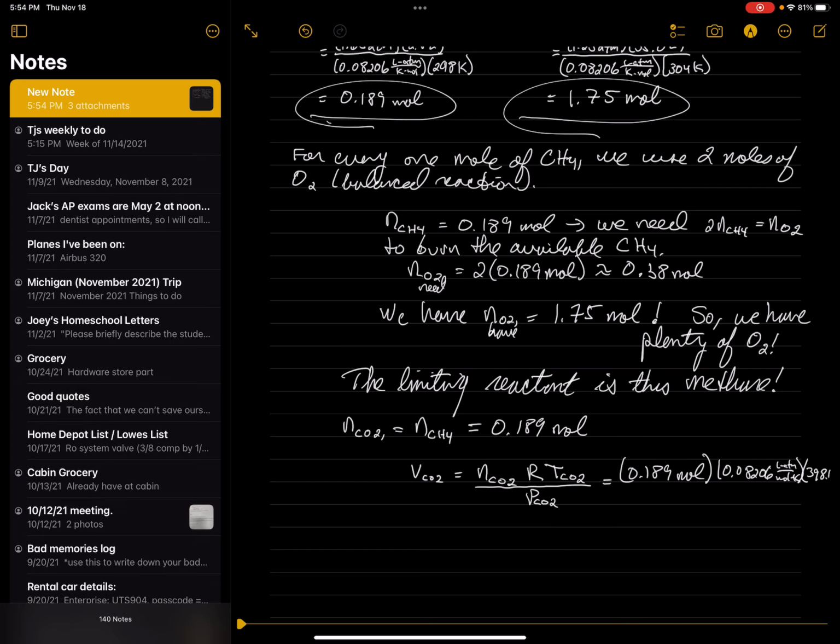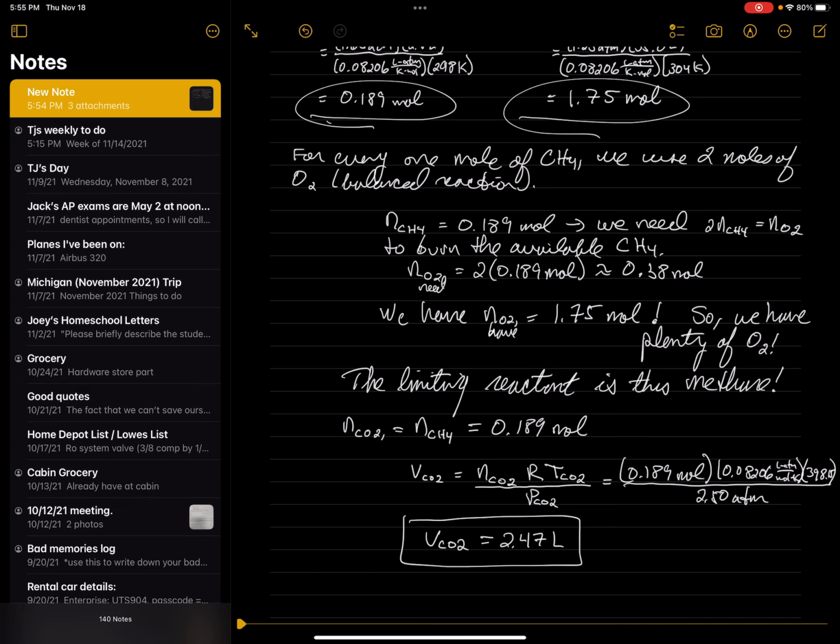Don't forget to do the conversion. And this is all divided by pressure of 2.5 atmospheres. And so we plug this in and get a CO2 volume of 2.47 liters. And that is our corresponding response to that question.